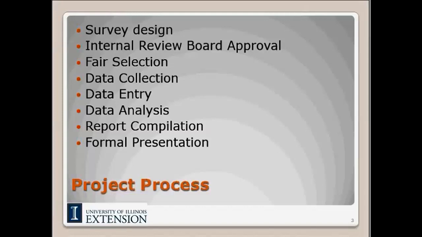So we borrowed heavily from them, with their permission, and redesigned a survey, which you're going to see later in this presentation, and sent it through our internal review board. Zach's going to talk quite a bit about that, but we'll move on.